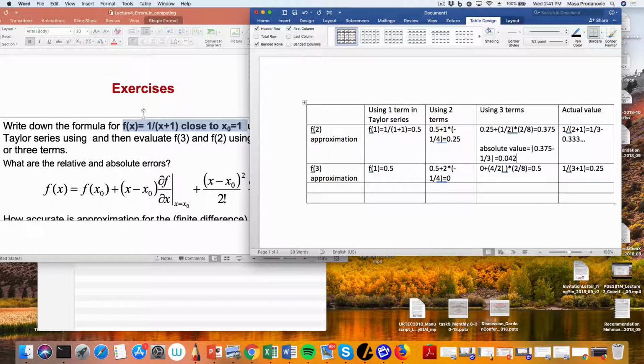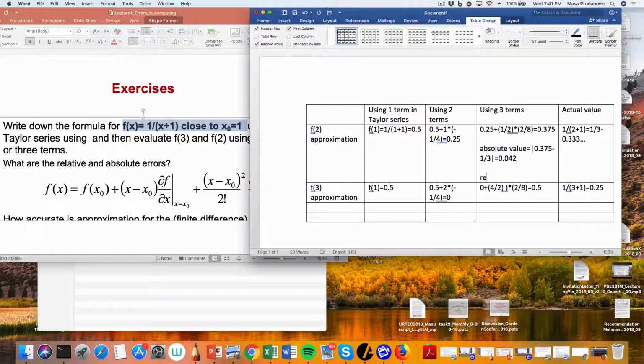Yes? What is the relative error? It's that same absolute value divided by the actual value, or absolute value of it, so 1/3.